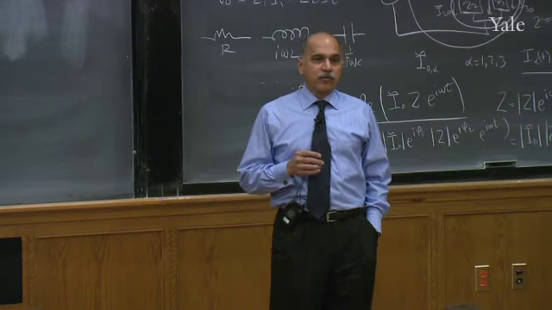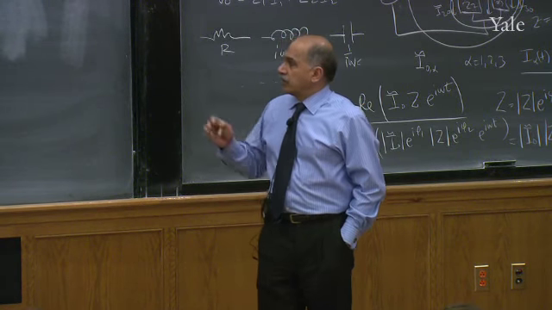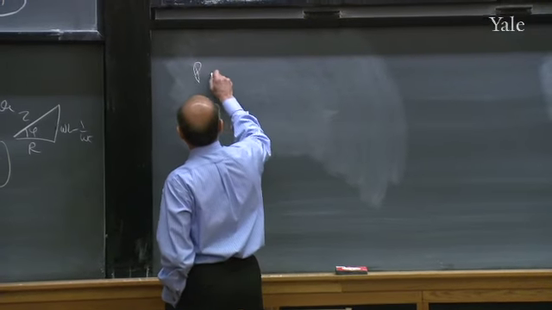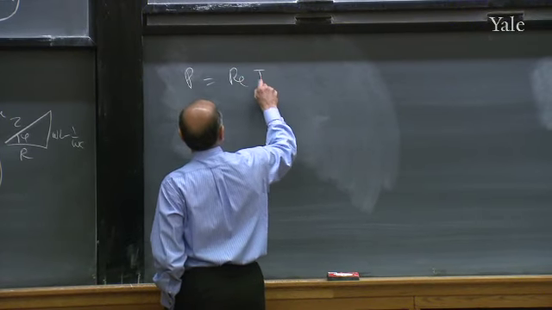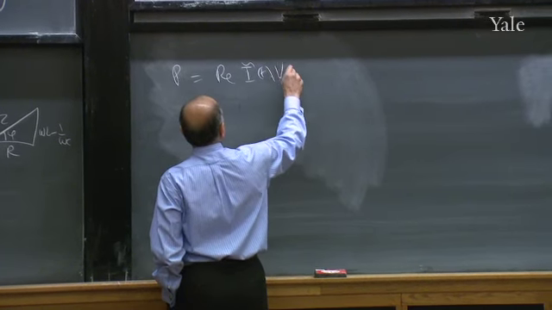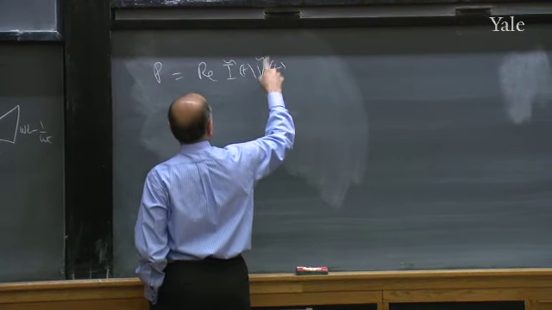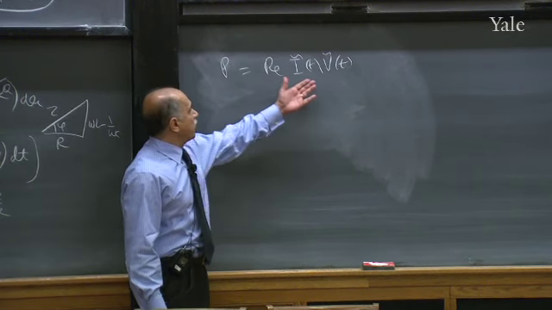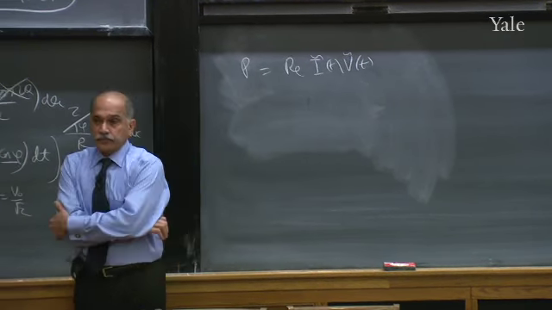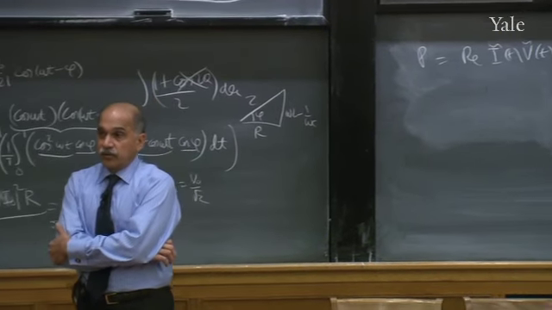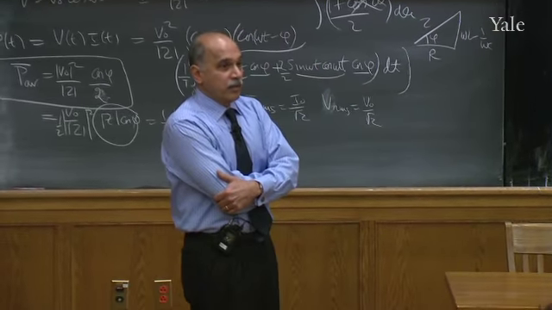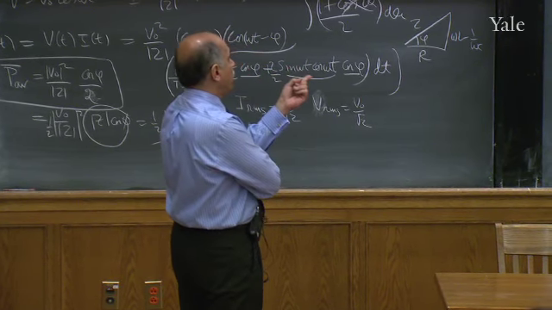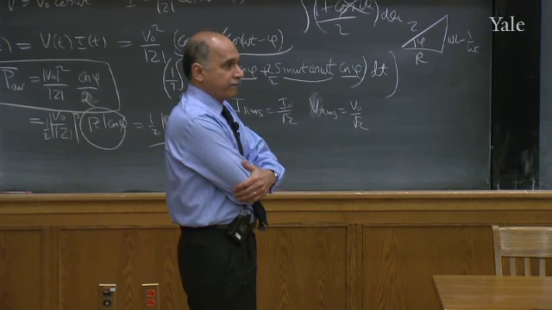Why is it that when we come to the power, the power is not simply the real part of I twiddle times the real part of V twiddle, where V twiddle is the one with V naught e to the i omega t? Why is it that taking the real part of this doesn't work? Everywhere else, we took the real part of the current, we got the right answer. Real part of the voltage, we got the right answer. But not when you take the real part of this.